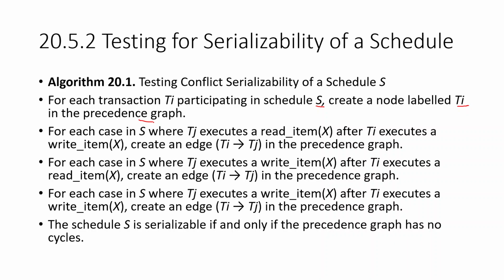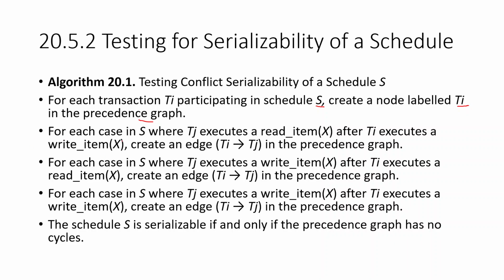Conflicting operations means operations which belong to two different transactions, involve the same data item, and one of them is a write operation. That is what conflicting operations we had defined earlier.